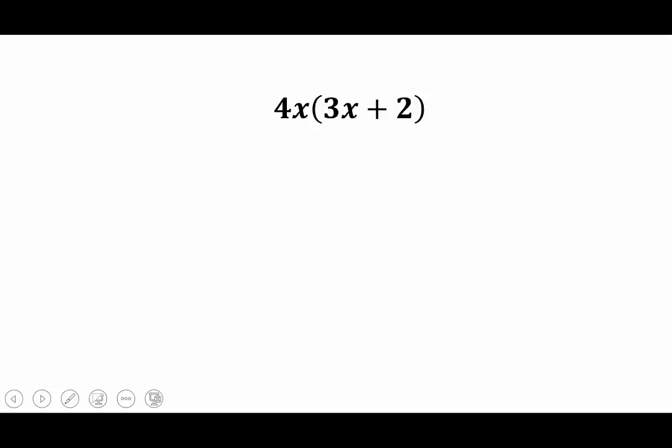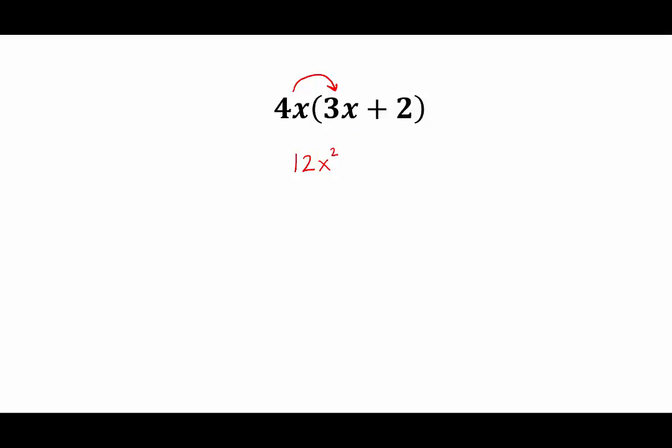The distributive property also works when the term on the outside, like this 4x here, has a variable, in this case x. Use the same process. Term on the outside multiplied by the first term in the quantity. 4x times 3x. 4 times 3, multiply the coefficients, is 12, and then our exponent rules say that x times x gives us x squared.